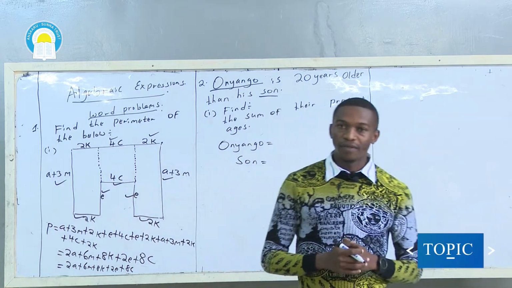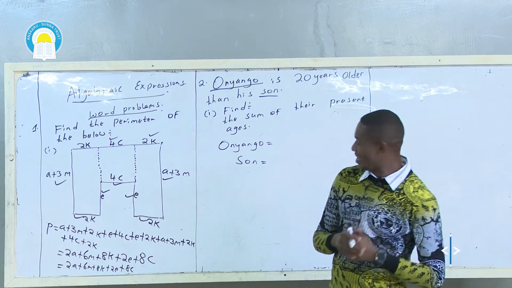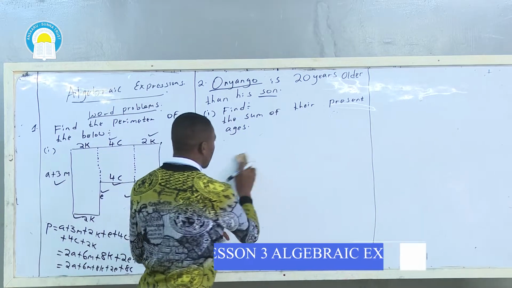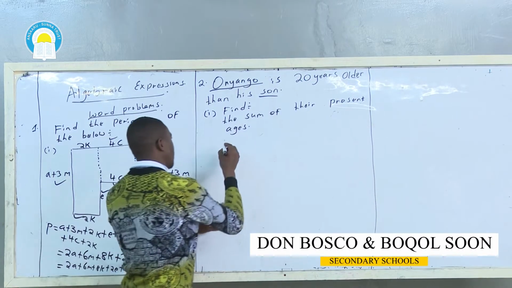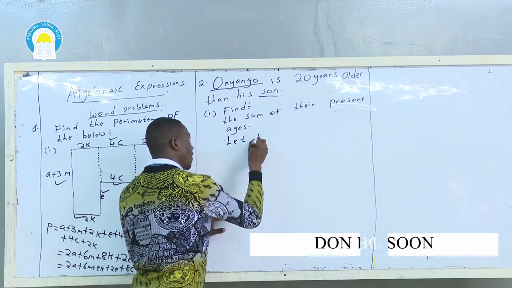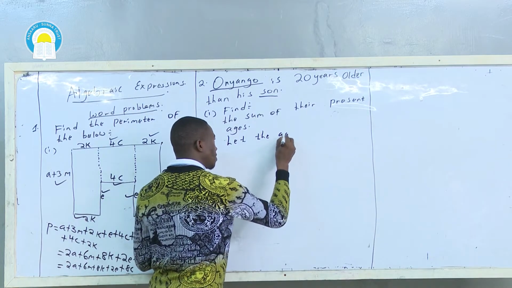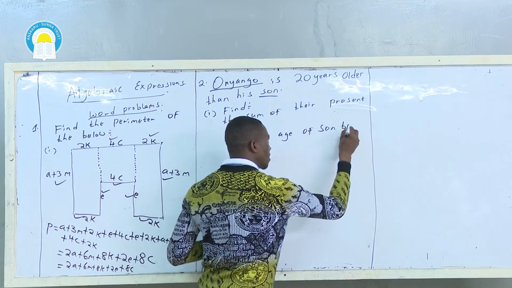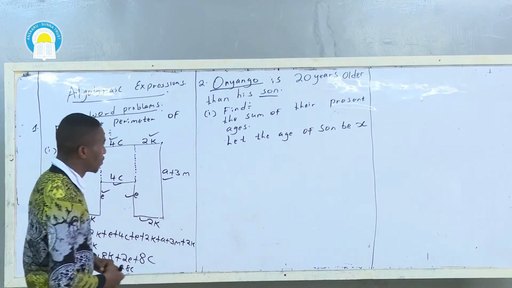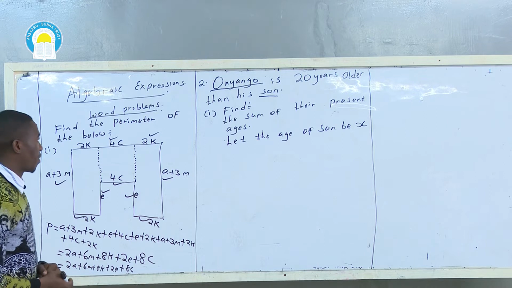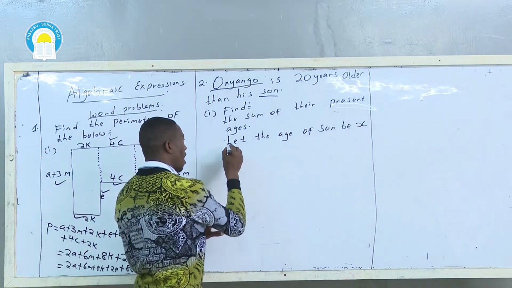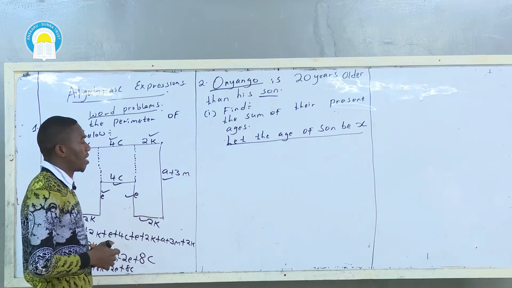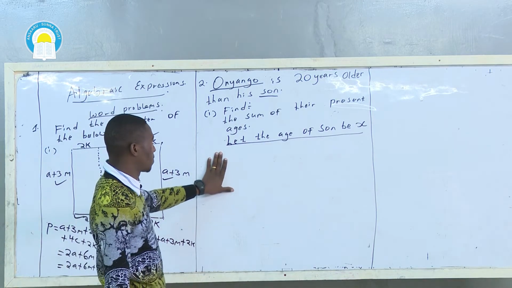As I told you before, the age of the son will be given a letter X. So the first thing that you'll do is, I'll come here, I'll say, let the age of the son be X. Therefore, after writing let the age of the son be X, I will underline it just for it to be attractive to the teacher who will be looking at that particular question.